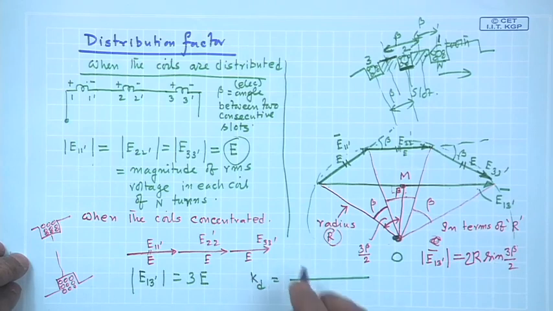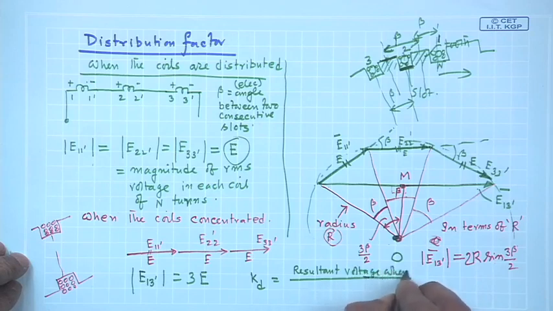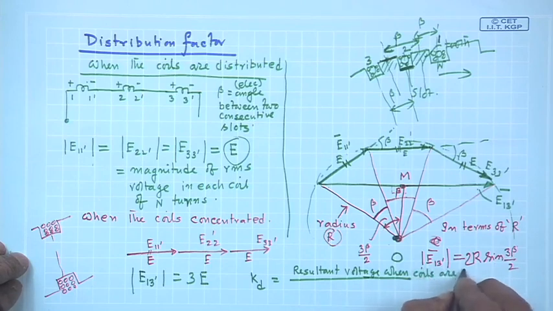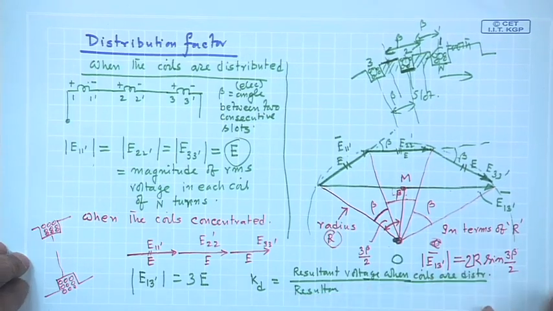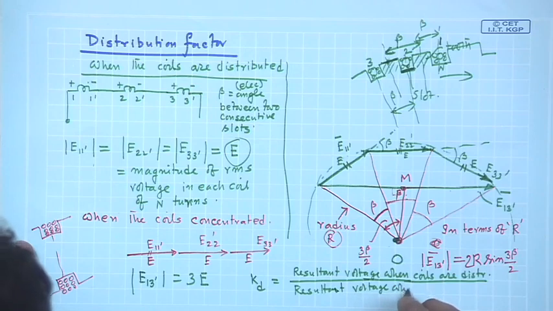It is the resultant voltage when coils are distributed divided by the resultant voltage magnitude when coils are concentrated, with the same number of turns concentrated.